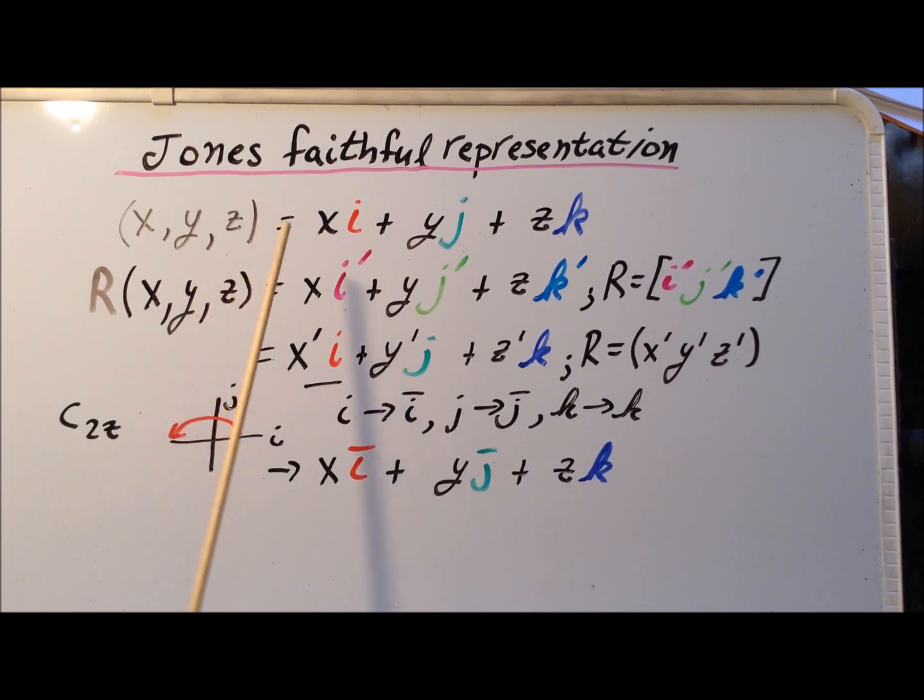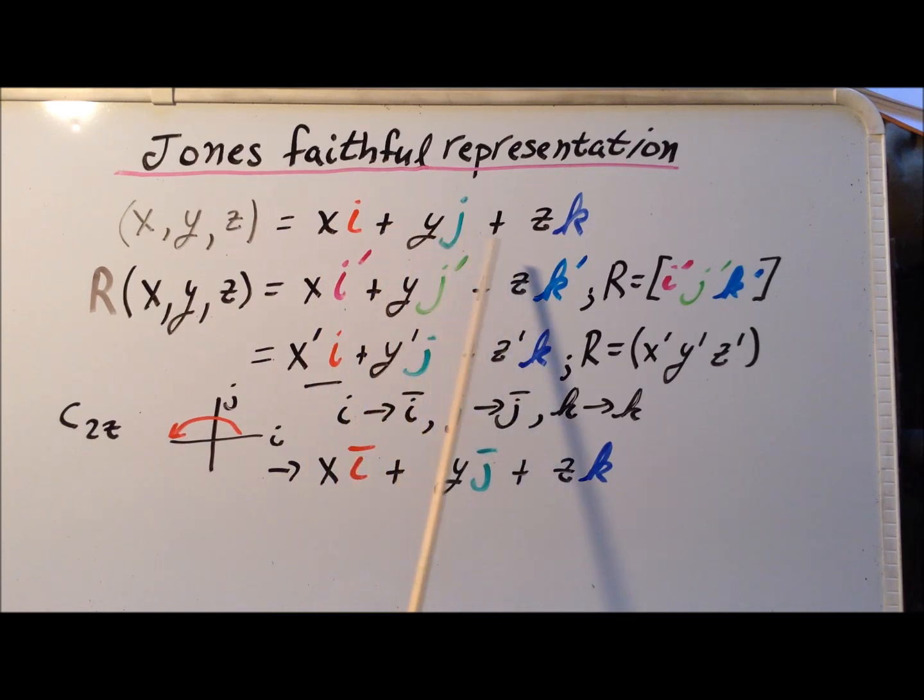So the point that had originally begun as xi plus yj plus zk is transformed by the C₂ rotation to x times minus i plus y times minus j plus z times k. And then recall that the minus i, minus j, and k would form a basis vector representation. But now we want to see how we can write down the Jones-Faithful representation for the exact same transformation.